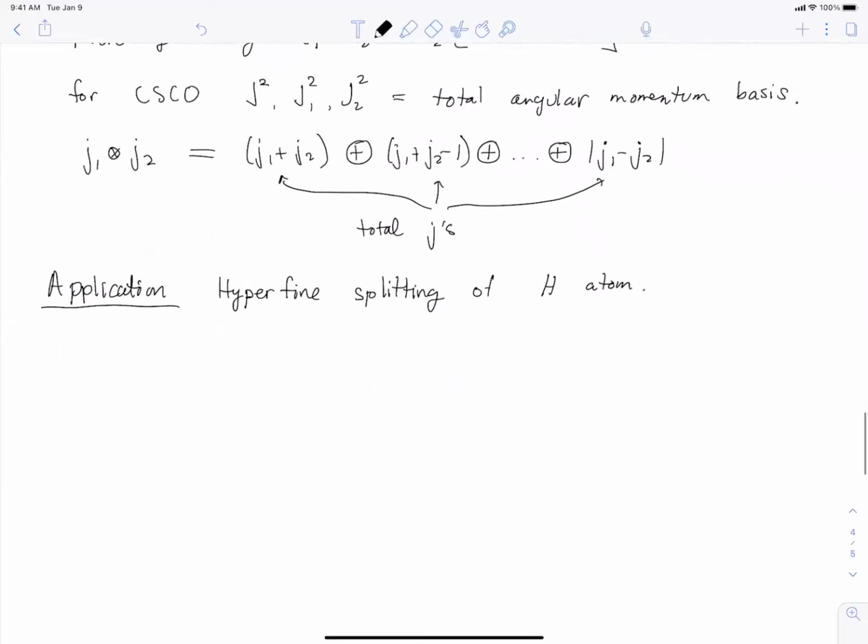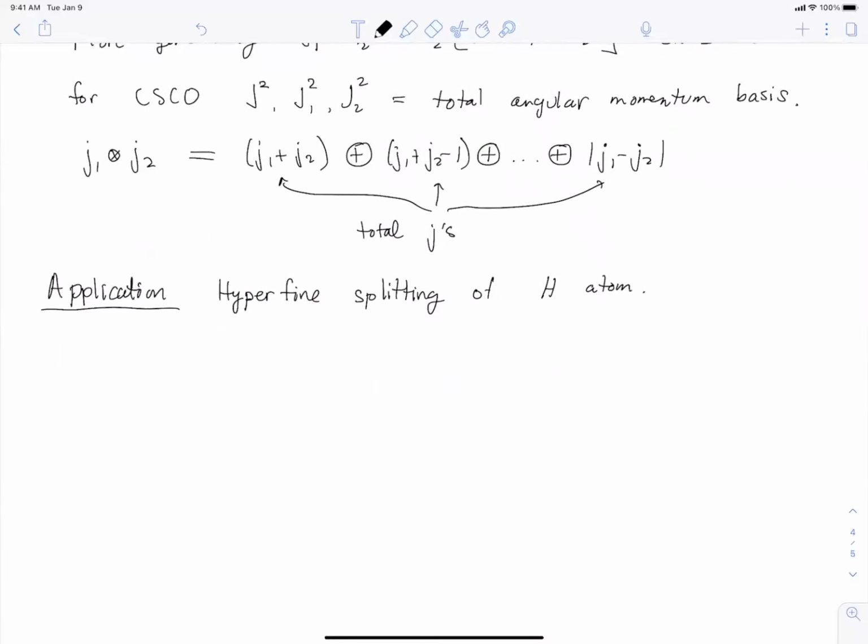Okay, so to tell you what the hyperfine splitting does, I'm just going to write down the Hamiltonian with a little HF for hyperfine. And it turns out to be a constant. I'm going to call the constant A times the dot product of the electron spin in the hydrogen atom with the proton spin in the hydrogen atom. Okay, that's all it is.